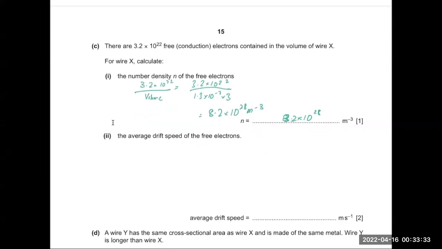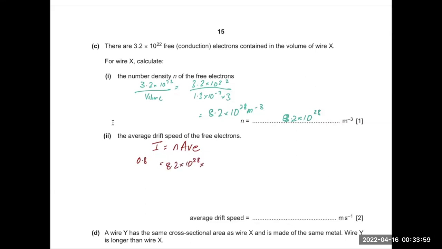The average drift speed of the free electrons. When they talk about drift speed, they want us to use that specific formula. I equals NAVE, or NAVQ, where I is the current, which is 0.8. N is the number of electrons per unit volume, or the number density, 8.2 into 10 raised to the power 28.